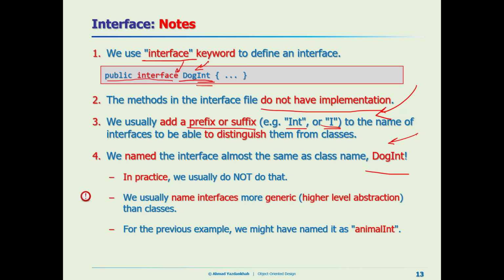It means that for this particular example, probably the best name for the interface would be AnimalInt, which is a higher level abstraction. So dog is a very specific animal, right? But when we create interfaces in practice, usually the name of that interface should be at a higher level of abstraction, like this example.